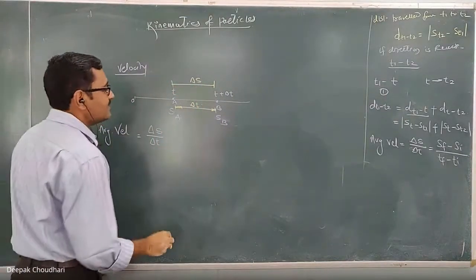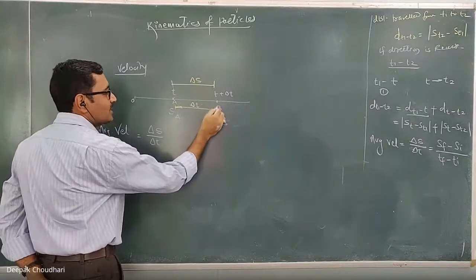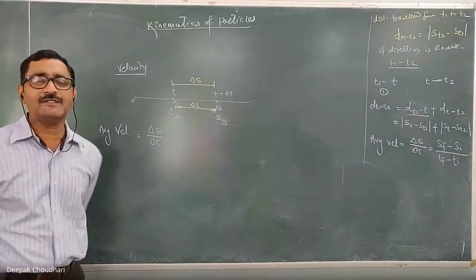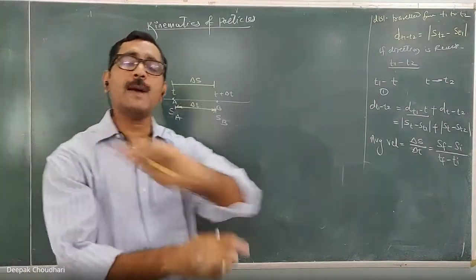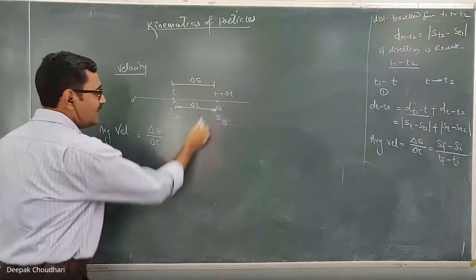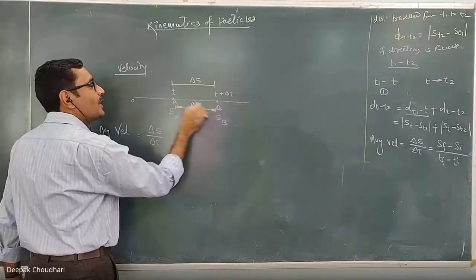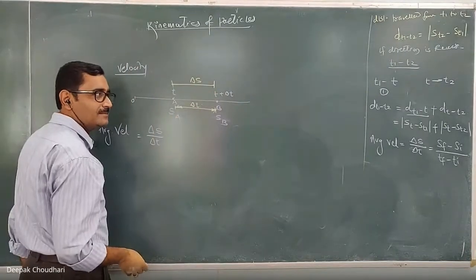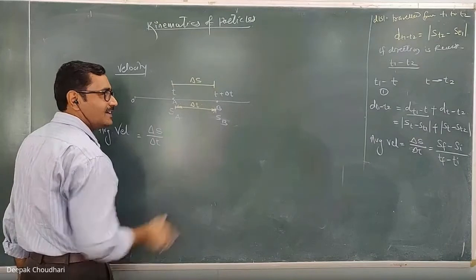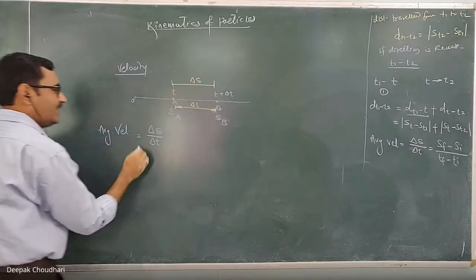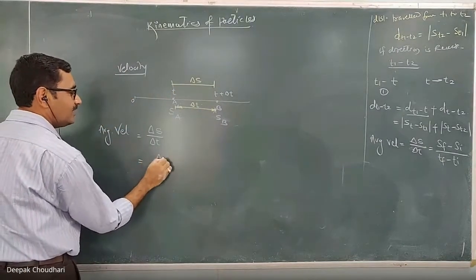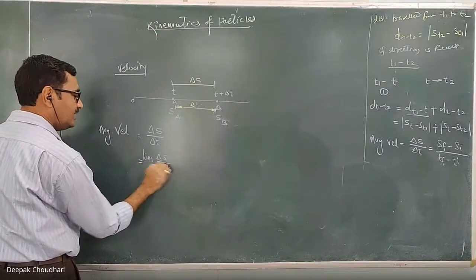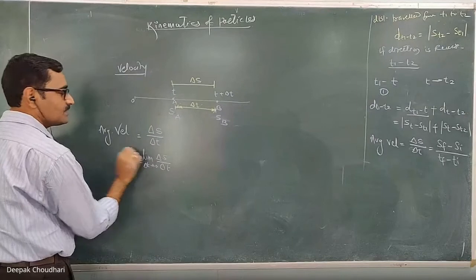Now let's consider during this motion, from A to B, this time interval is very, very small and approaches 0. Now, if this time interval approaches 0, this point B will coincide with A. And when B coincides with A, this term becomes the limit of delta S upon delta T, where delta T approaches 0.